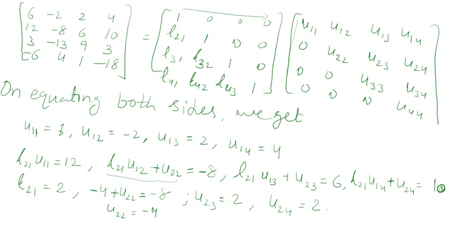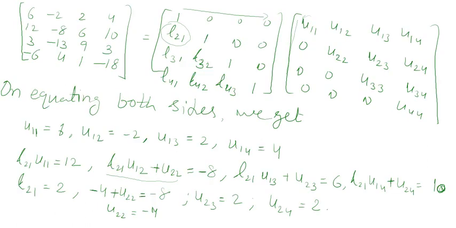So all entries are obtained using the first row. L21 is known, and you now know U11, U12, U13, U14, U22, U23, U24.